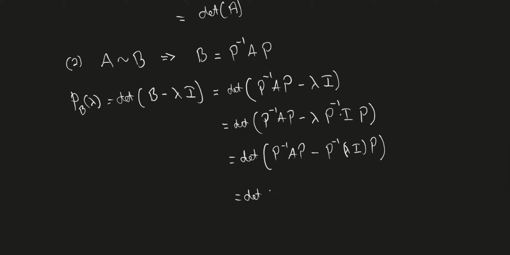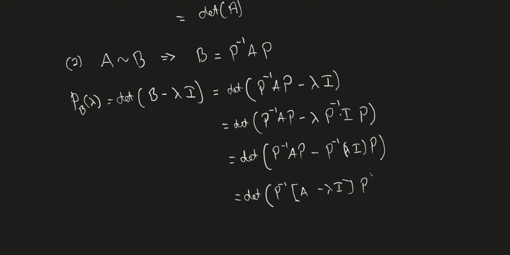This is the determinant of P inverse, and then square brackets, A minus lambda I, and then P on the right.